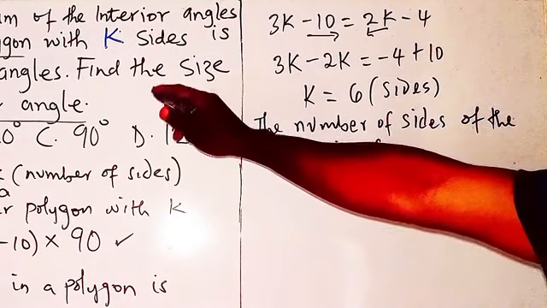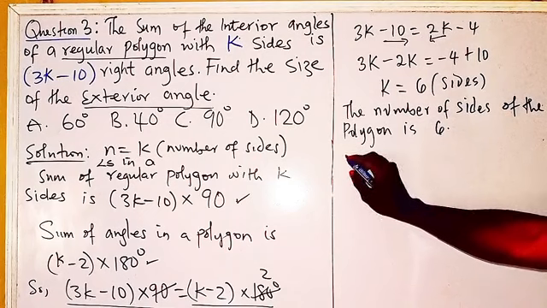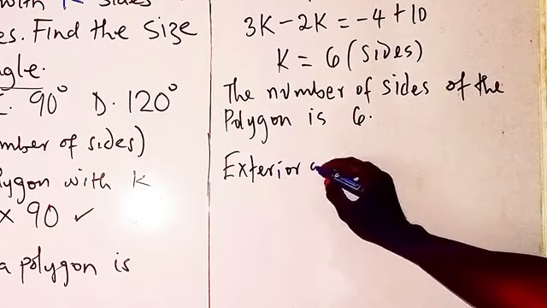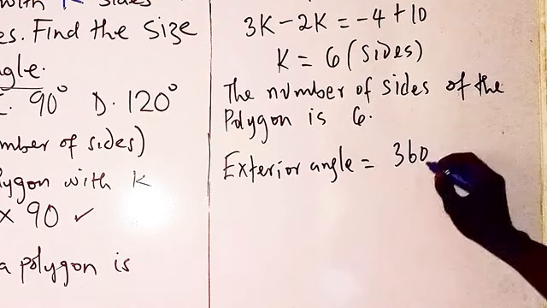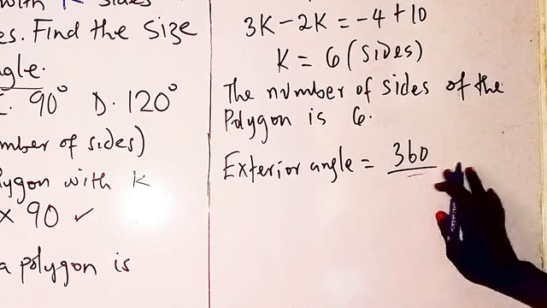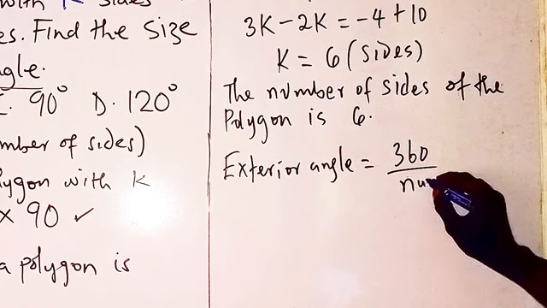Now what the question asks us to find is the size of the exterior angle. So now the formula, if you want to find an exterior angle of the polygon, is 360 divided by the number of sides, n.